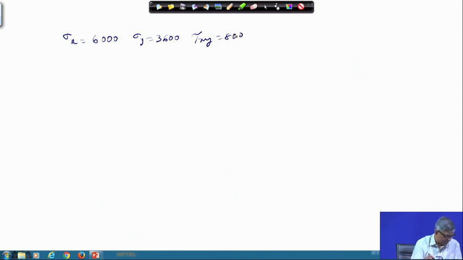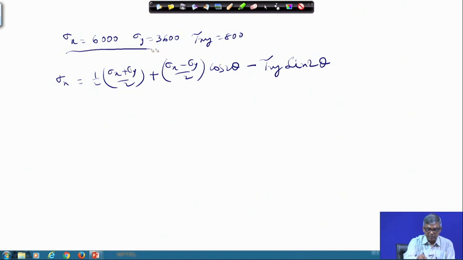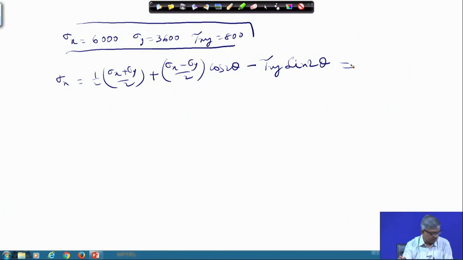You can find out by the equation method that sigma n will be equal to half of sigma x plus sigma y, that is (sigma x plus sigma y) by 2, plus (sigma x minus sigma y) by 2 cos 2 theta, minus tau x y sin 2 theta. Now I have listed the quantities. Now if you put all those in, I will get a value here which will be equal to 5205.